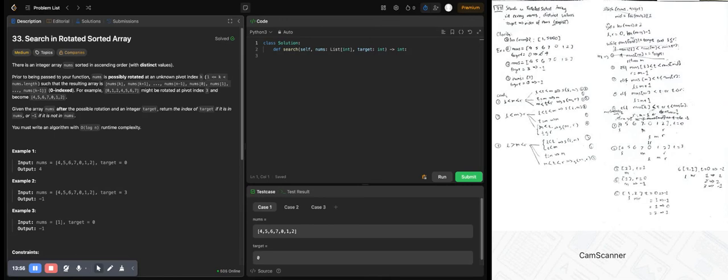But in the second case where the left is less than mid, then there are two cases. Actually, there are three the same, but anyway, if target is less than mid, then we search the left hand side. If the target equals mid, then return mid.